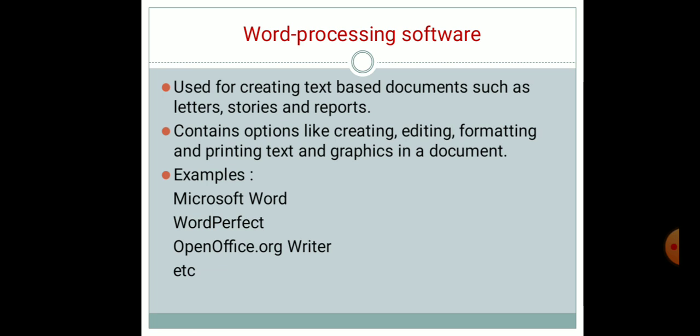The same way we have one more package called OpenOffice.org. In that package also we have a lot of softwares to create text documents, to produce Excel sheets, or to produce a PowerPoint presentation. So like the Microsoft Office package, we have one more package called OpenOffice.org. In that, a category called Writer, OpenOffice.org Writer, is used for creating text documents.